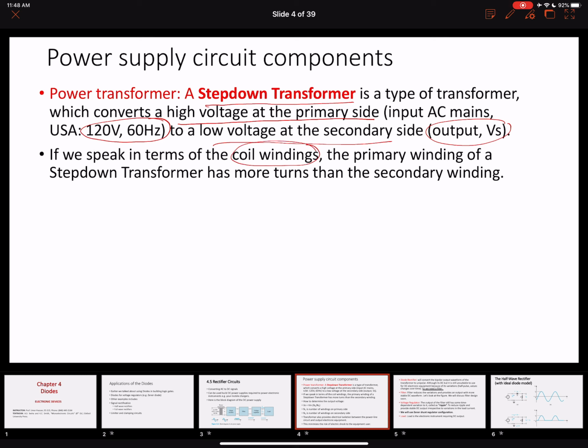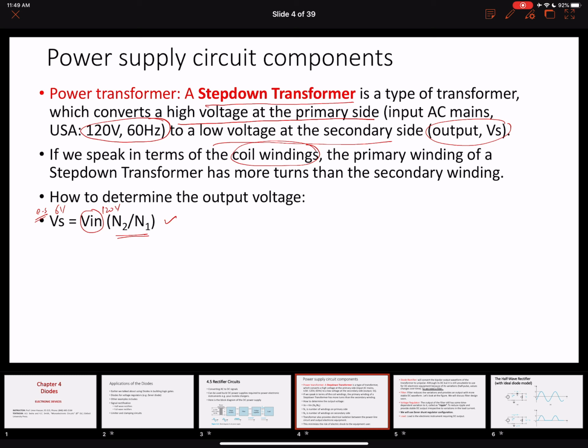So if we want to have a step down transformer, the windings on the primary side are going to have more turns as compared to the secondary winding. And we can determine this using this formula. This is our input voltage, which is 120 volts. This is our output voltage, for example 6 volts, and then we can design this ratio N2 over N1 such that our output equals Vs times N2 over N1.